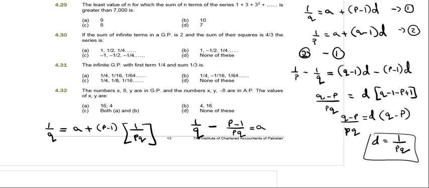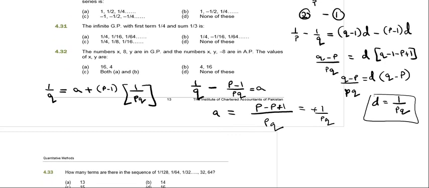Or if we take LCM, pq will be our LCM, so a is equal to p minus p minus 1, which will be minus 1, over pq, and because this is minus, this will become plus 1 over pq. We now have our a and d in terms of p and q.